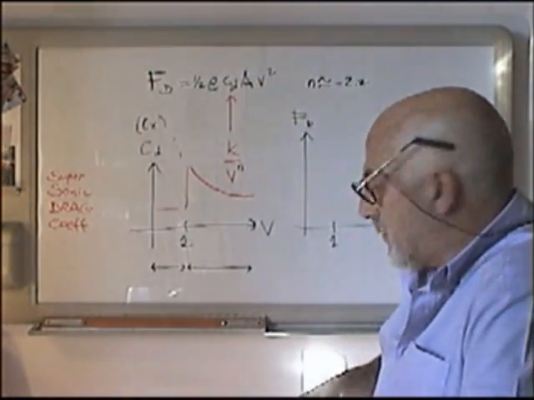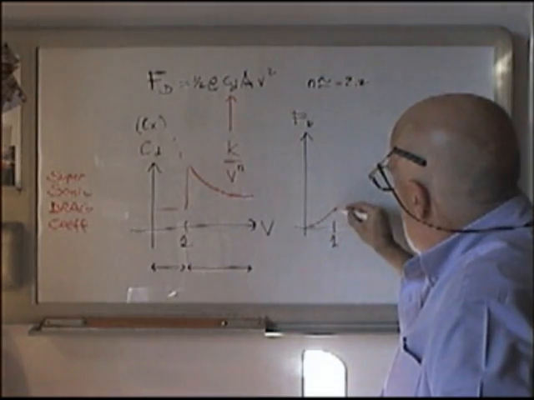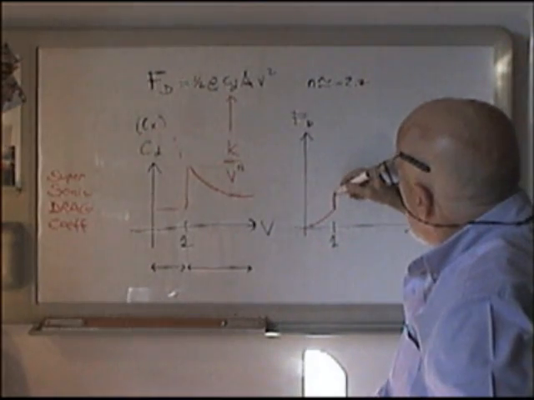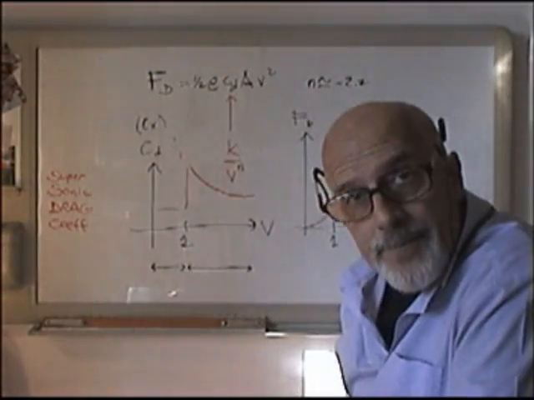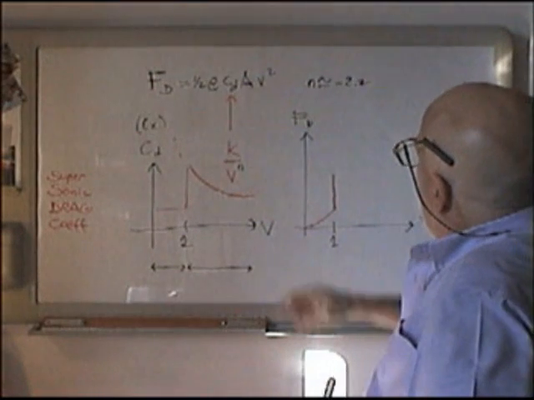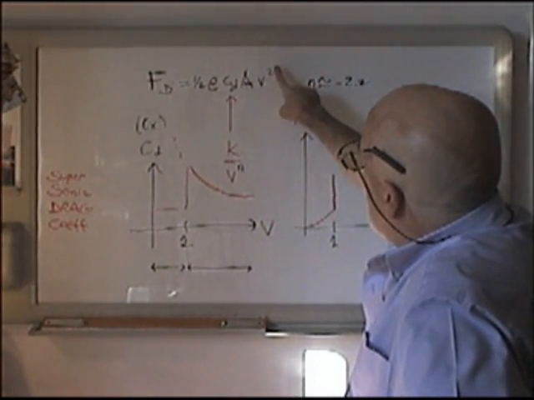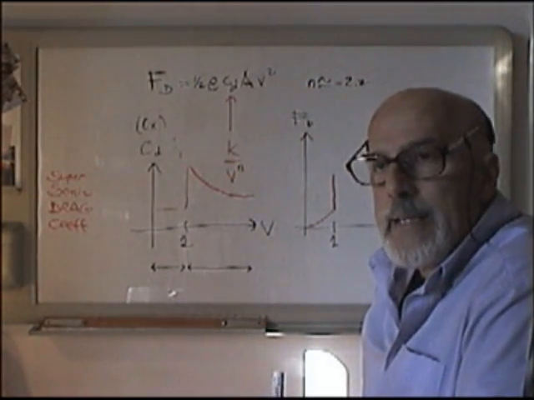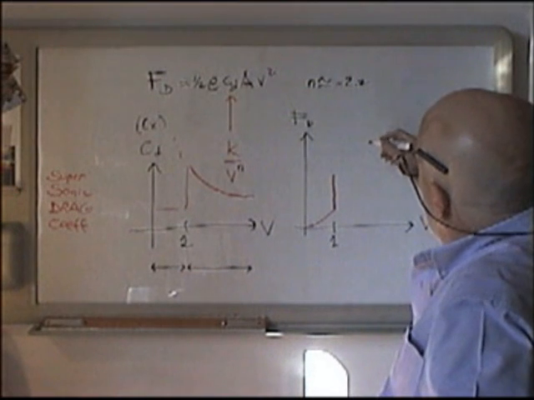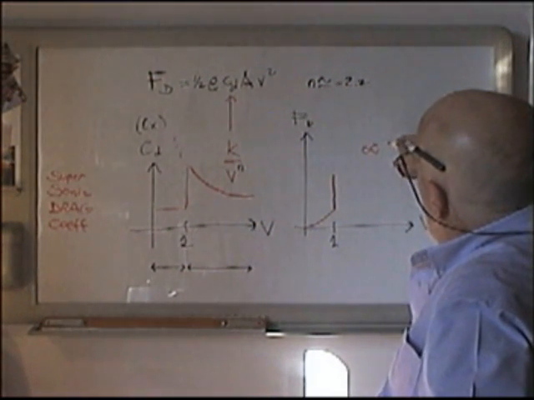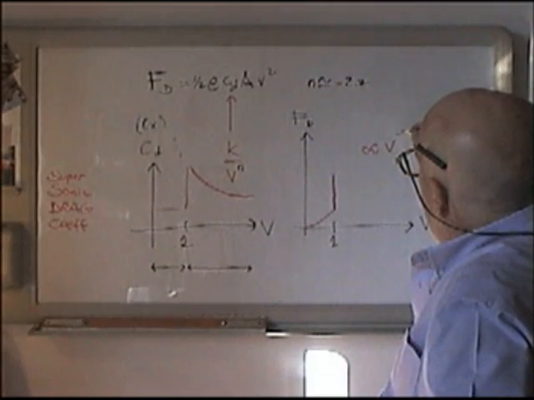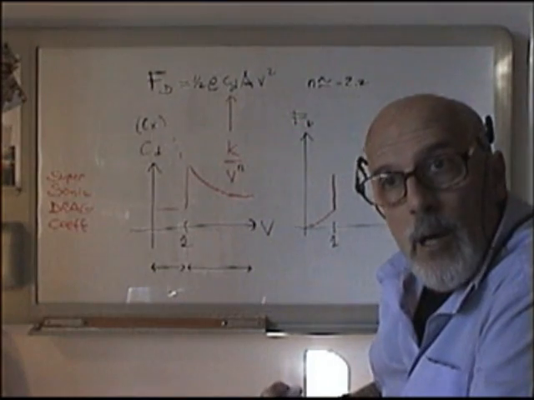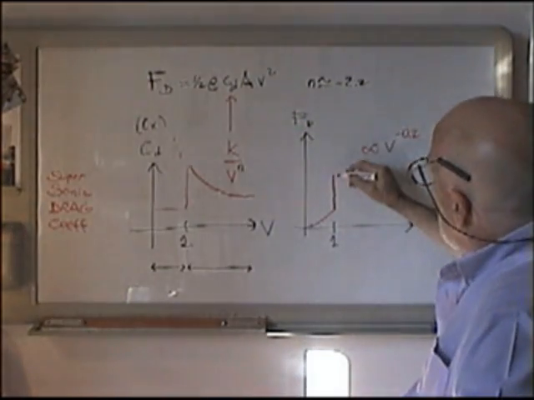Prior to the speed of sound, you got the usual parabola, v squared. Then you got the 1, 2, 3 fold increase. And after that, if the power is v to the power of 2 divided by v to the power of 2.2, you get something which is proportional to v to the power of minus 0.2, which is not that much, but is anyway decreasing.